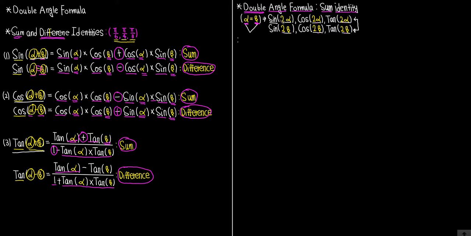So when we simply notate alpha and beta as theta, we are going to think about the sine of theta plus theta, when we notate theta as the alpha or beta.